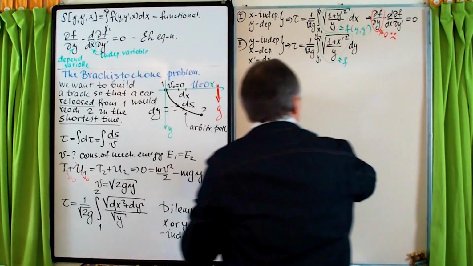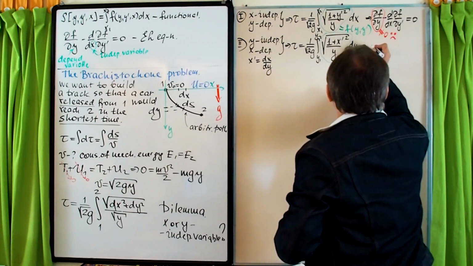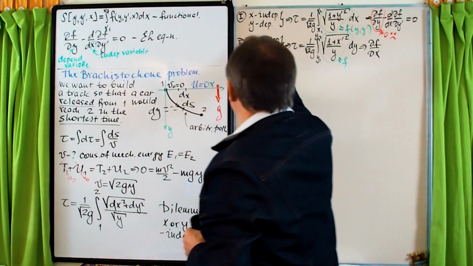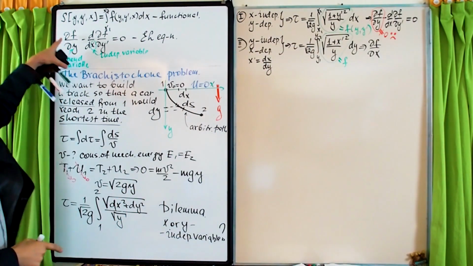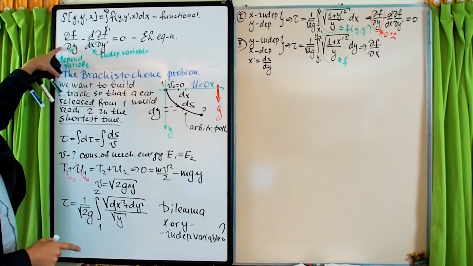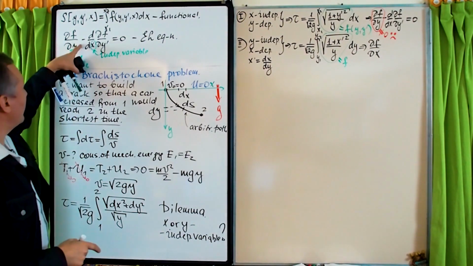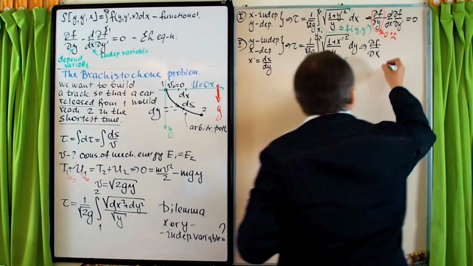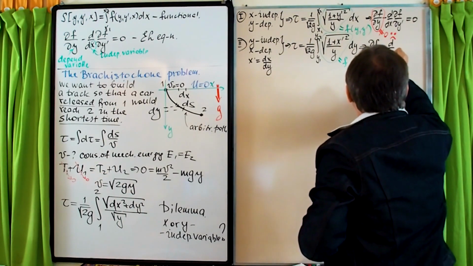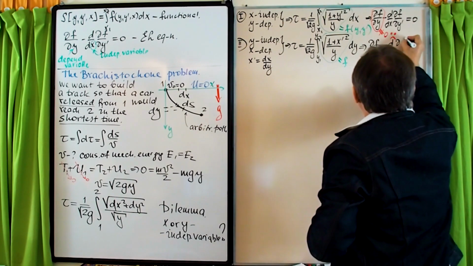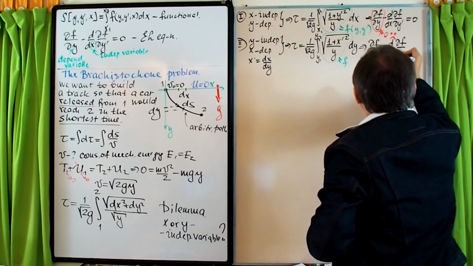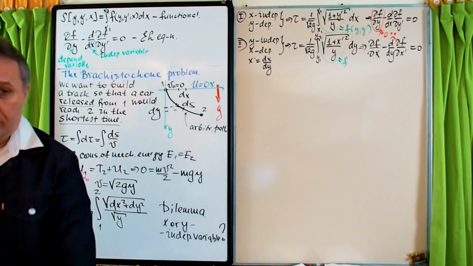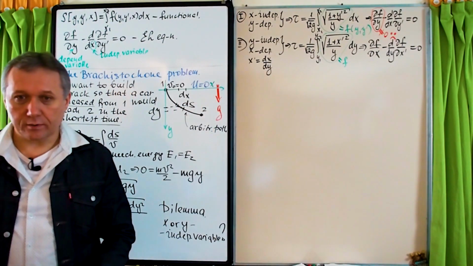So for this situation, it will be df over dx, because now x is dependent, so instead of df over dy, we have df over dx. Then minus d over dy, because now y is an independent variable, of the partial derivative of f with respect to x prime. That's the correct Euler Lagrange equation for this situation.